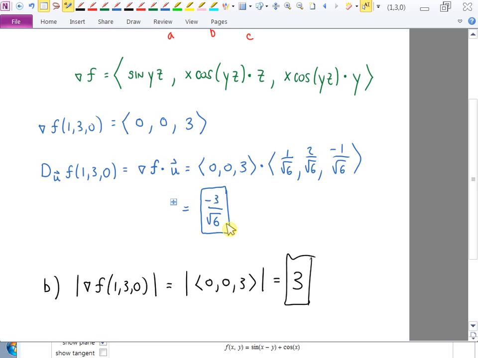This 3 is, if I don't tell you what direction to point, you actually can tell me what direction to point and what that rate of change would be, the maximum rate of change. In this case, the maximum rate of change that you'll ever get is going to be 3, and it will be exactly in the same direction as the gradient vector. So the gradient vector is pointing straight up. You go that direction, instantaneous rate of change is 3. Understand the difference? Okay.